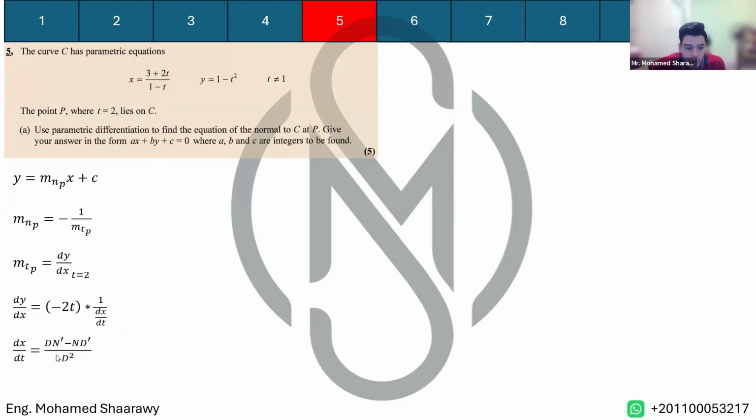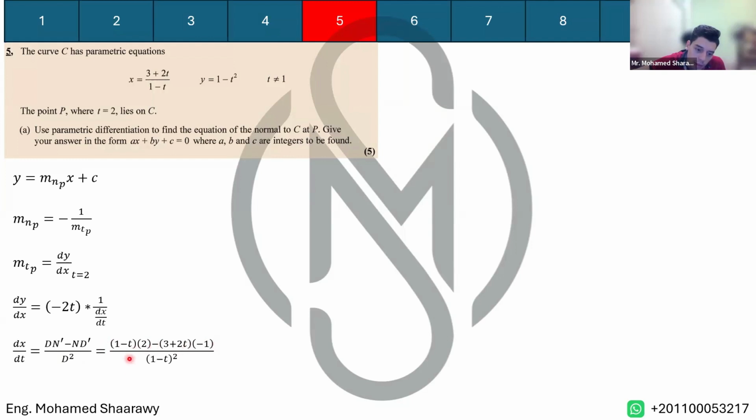Replacing d with 1 minus t, numerator dash, which is the differentiation of the numerator, which is 2, minus n, the numerator, multiplied by the differentiation of the denominator, which is negative 1, all over the denominator squared.